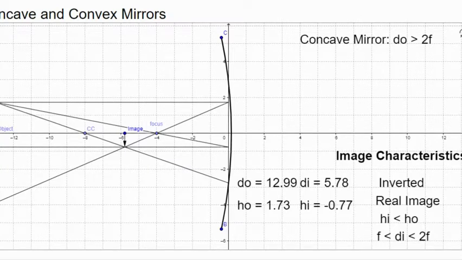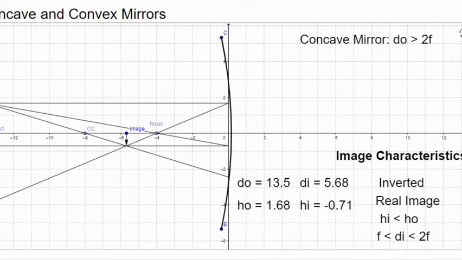All right. Now, I'll also ask you to notice the height of the image. As the object moves farther away from the mirror, and I'm trying hard to keep the object height the same, you can look at the object height down here, 1.68. As the object moves farther away and stays more or less the same height, you notice the image gets a little smaller.